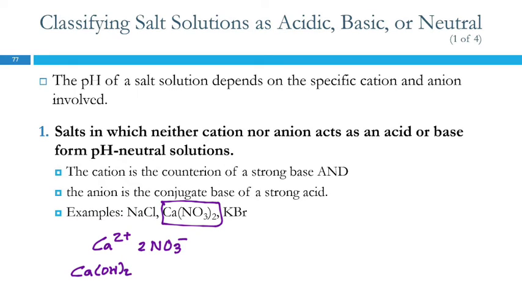Yeah, that could be a thing, right? And then this, what's the related acid to that? HNO3. And this is a strong acid. This is a strong acid, so that's nothing. This is the counterion of a strong base, so that's nothing. So you put these in this water, it doesn't change the pH at all.